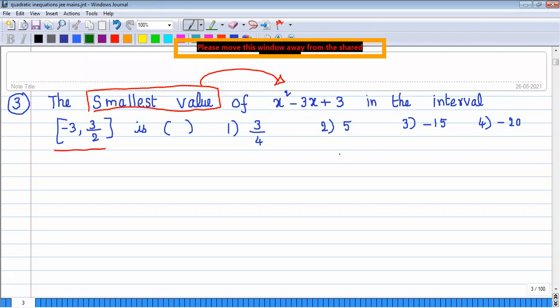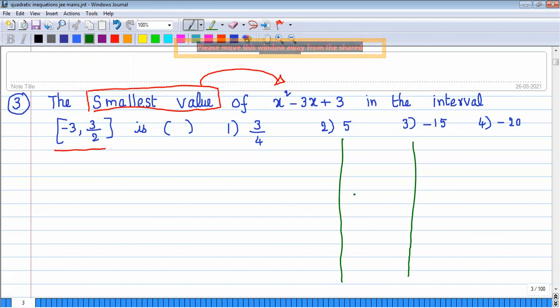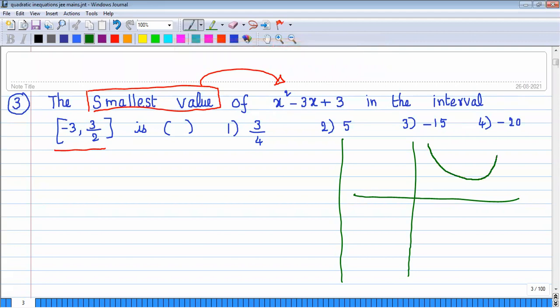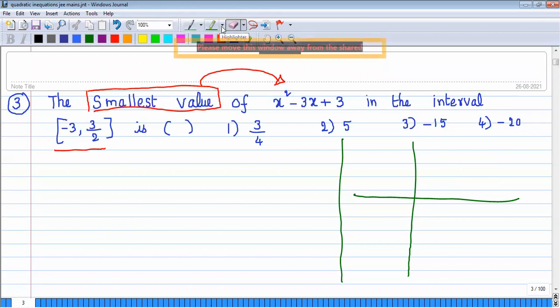So here see the concept, just draw a rough graph. For example, the graph is like this.